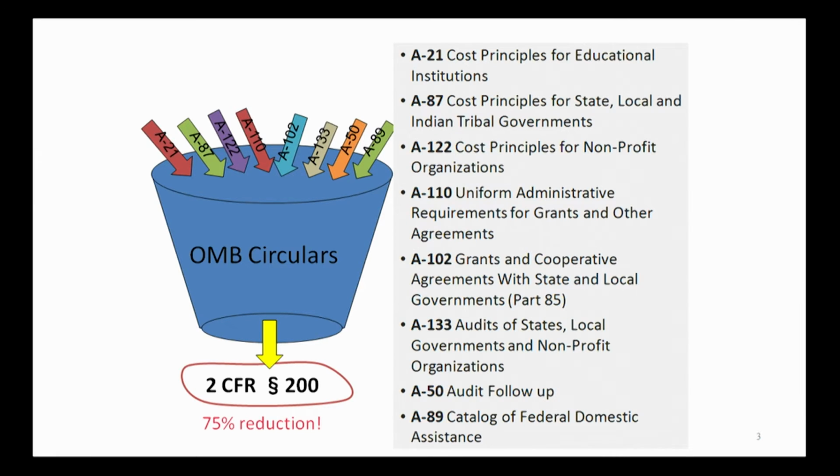As such, there's a substantial reduction in the volume of the material. The great asset is that we don't have to try to keep track of and connect with the correct OMB guidance because it's consolidated into one document.